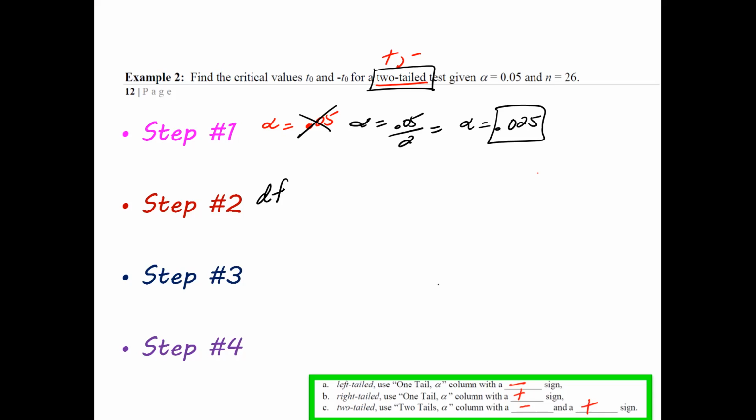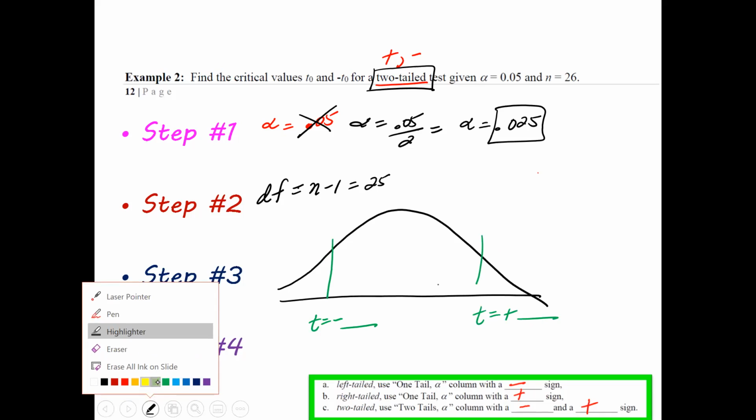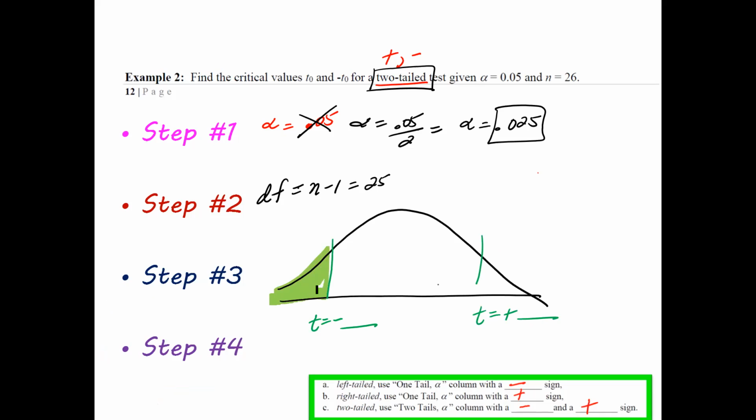Step 2, your degree of freedom is n minus 1. So that's going to be 26 minus 1, so that's 25. Step 3, you want to go ahead and draw your bell curve. We're going to label this your t equals a negative, this your t equals a positive region. And within this region, we're going to label it as the reject area.